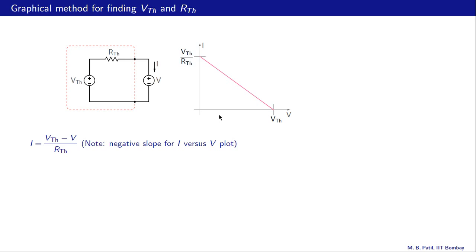Let us now try to understand why the plot looks like this. What is this current? It is VTH minus V divided by RTH, this equation, and note that it has a negative slope. The slope is minus 1 over RTH, and that is reflected in this plot here.